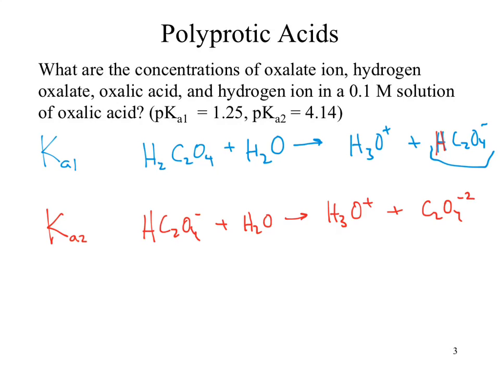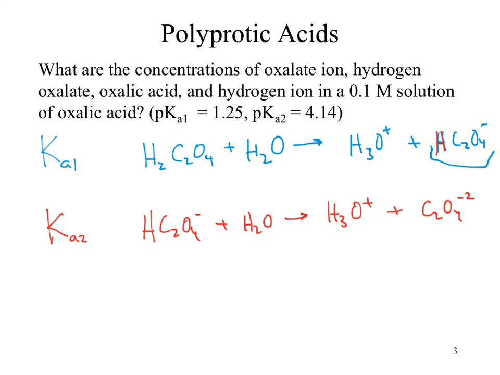The oxalate had to come from the hydrogen oxalate, which means we're looking at a new Ka value. So if you look at the pKa for that problem, did the number change? It went from 1.25 in question 4 to 4.14 in question 5. It absolutely did change. We're looking at a different reaction stemming from the same source.